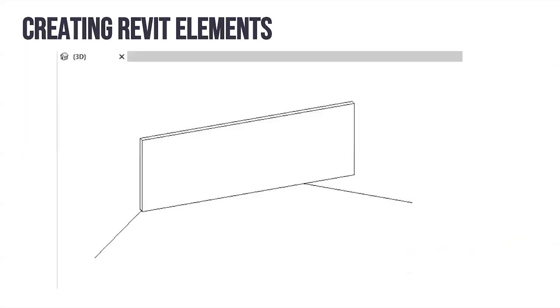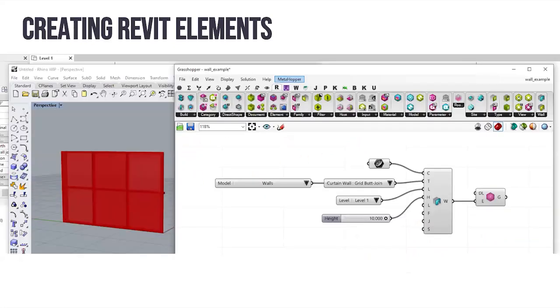Okay, so the add wall component now has all of the information to create a new wall in Revit, which we see right here. And the same wall geometry is also visible in Rhino. So once everything is connected, you see the preview here in Rhino as well as the output in Revit.